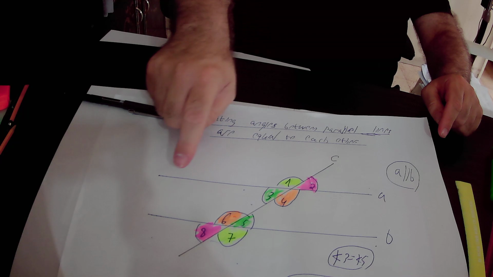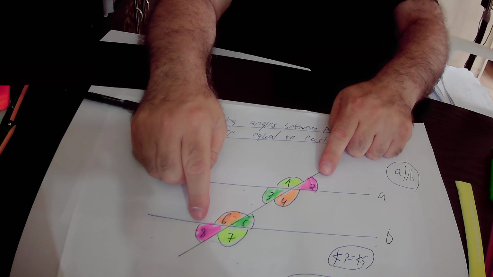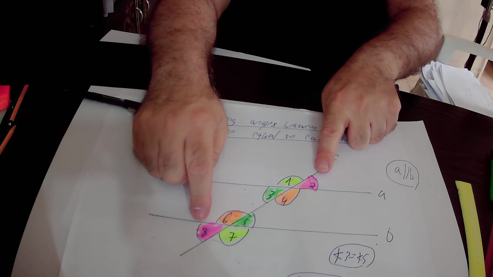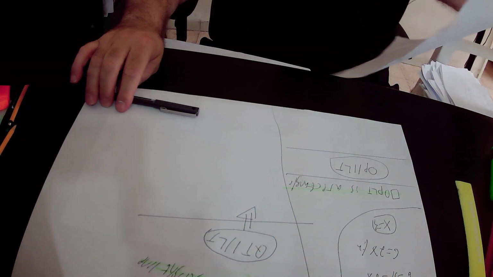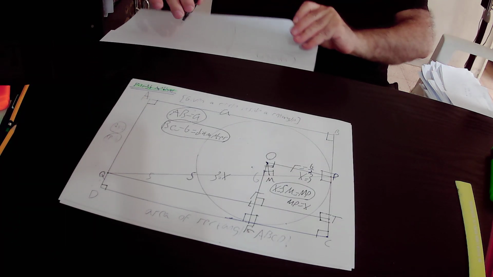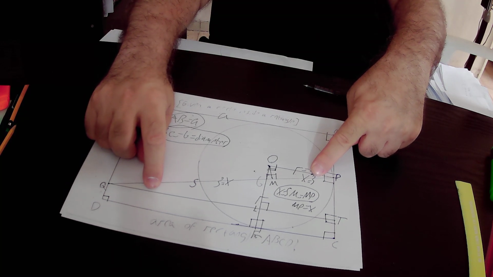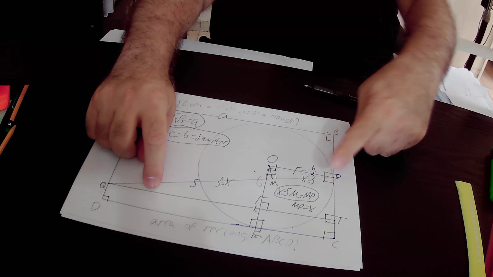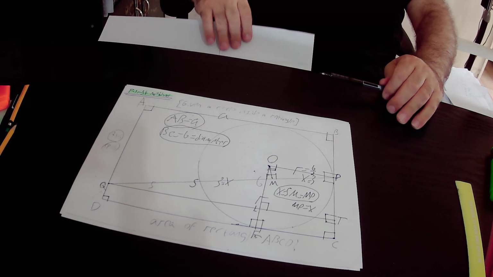Here, line A is parallel to line B, and the two pink angles are defined as alternating angles and they are located between the parallel lines A and B, therefore they are equal to each other. We can implement rule number 9 in our drawing, because in our drawing those two angles are defined as alternating angles and they are located between the parallel lines OP and QT, therefore they are equal to each other according to rule number 9.